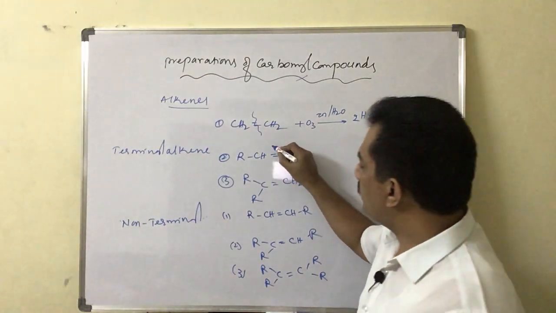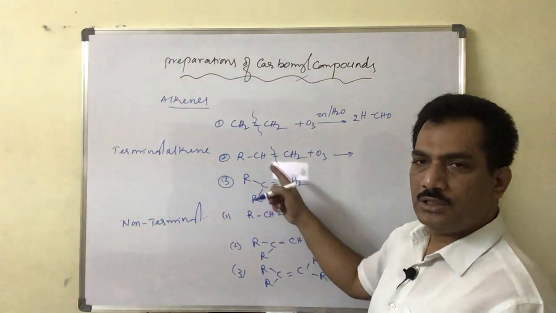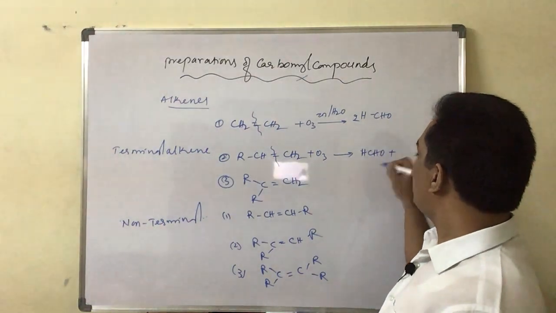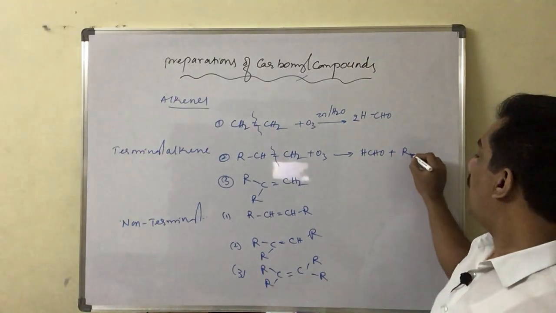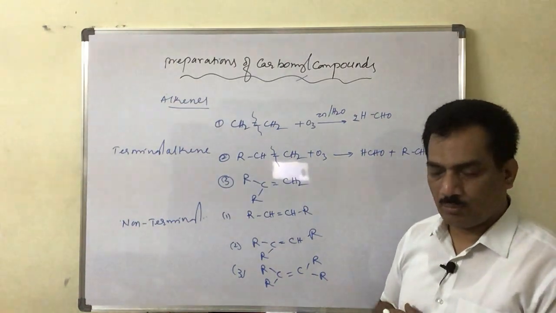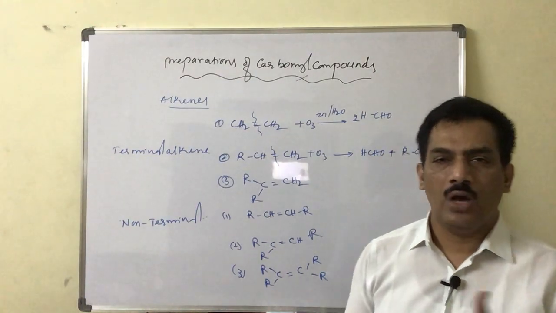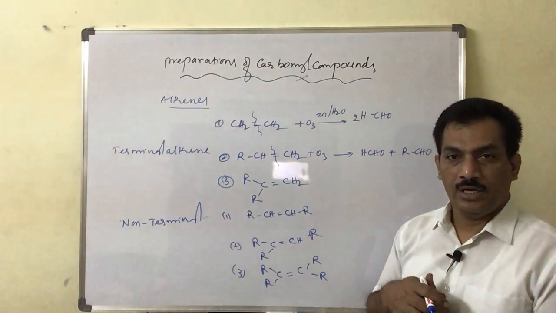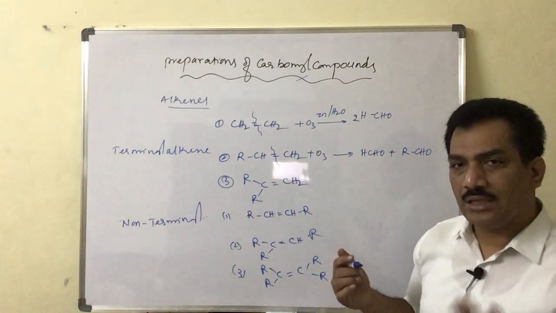The double bond is getting cleaved and it is giving formaldehyde, and the other one, when it has one hydrogen, gives an aldehyde other than formaldehyde. If the double bonded carbon has 2 hydrogens, then the product from that ozonolysis is formaldehyde. If it has 1 hydrogen atom, then the product will be an aldehyde other than formaldehyde.